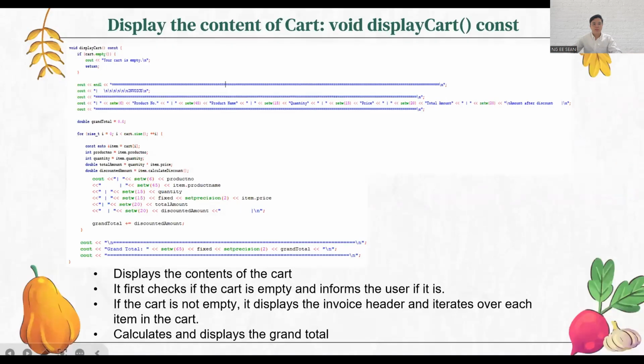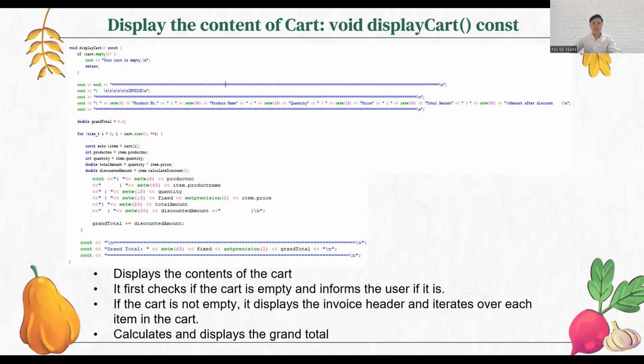And next, the display cart function displays the contents of the cart along with the calculated total amounts and discounted amounts. It first checks if the cart is empty and informs the users if it is. If the cart is not empty, it displays the invoice headers and iterates over each item in the cart.